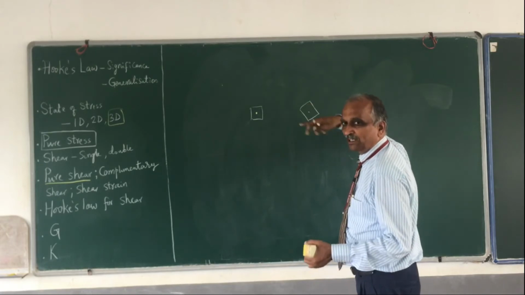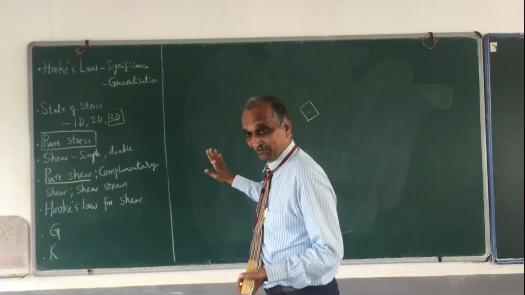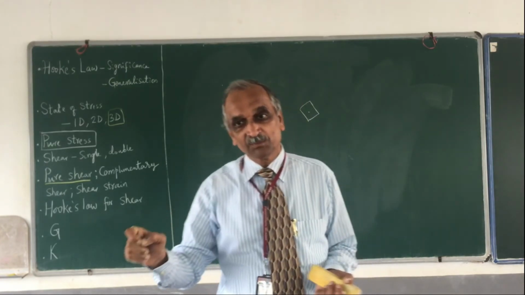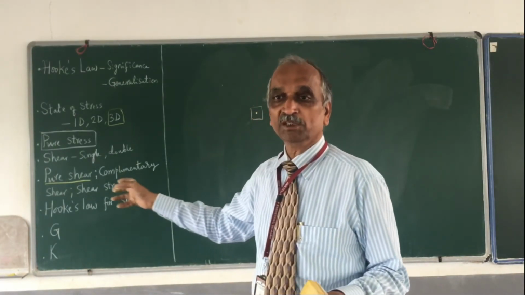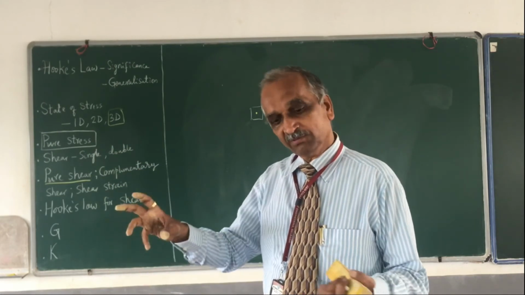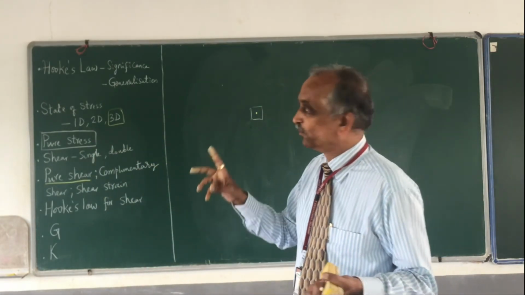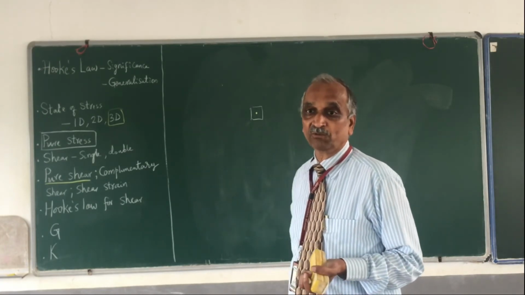You just tilt it and you get a different orientation every time. The stress at a point I can express by imagining a cube. In how many ways can I imagine the cube? Infinite number of ways, and therefore the stress at a point can be expressed in an infinite number of ways.